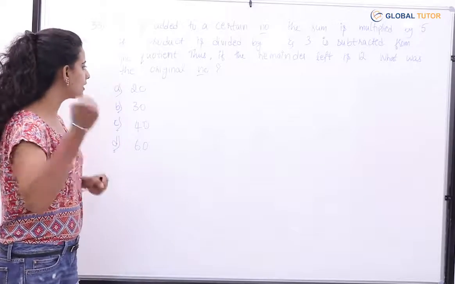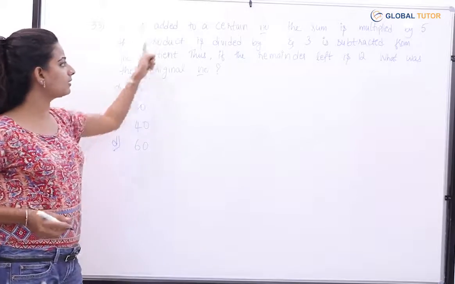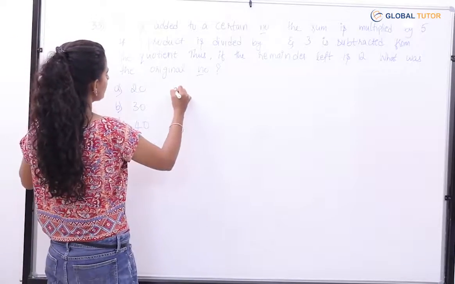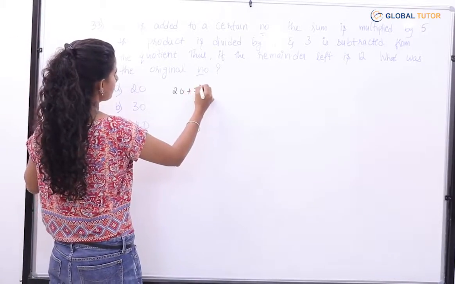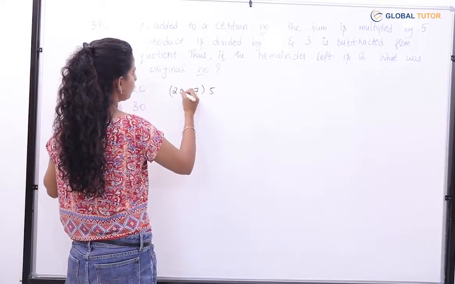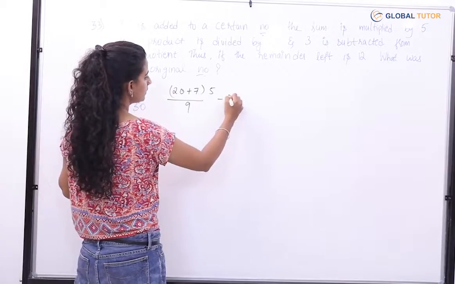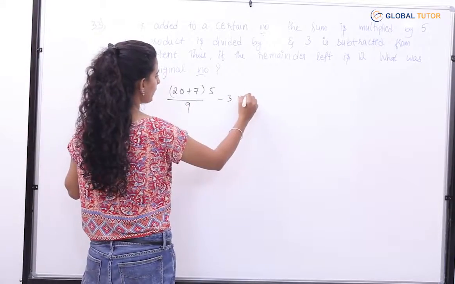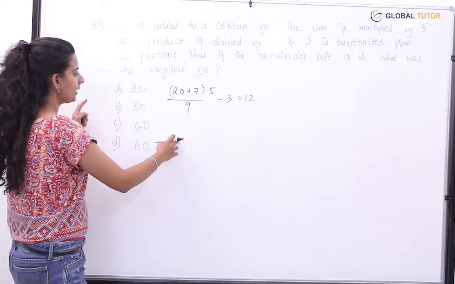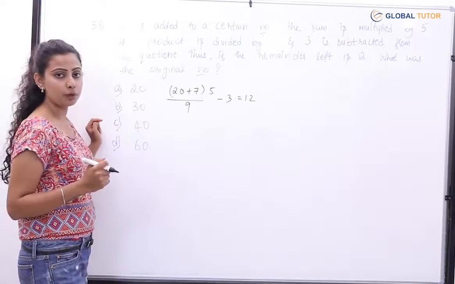Now what would you generally do? You take all the numbers and try all these steps: 20 is added to 7, then you multiply it with 5, then you divide it by 9, then 3 is subtracted, then you check whether you get 12. This way you end up doing it for all the 4 options.